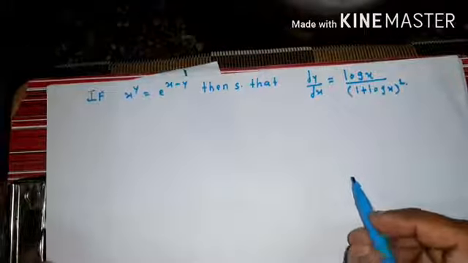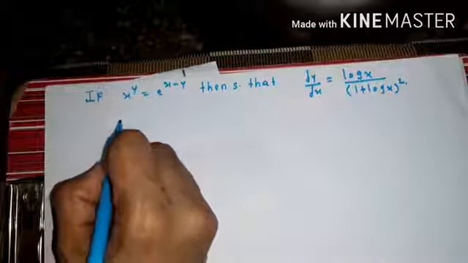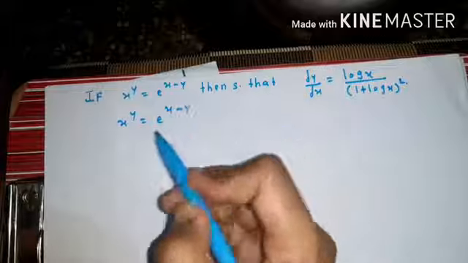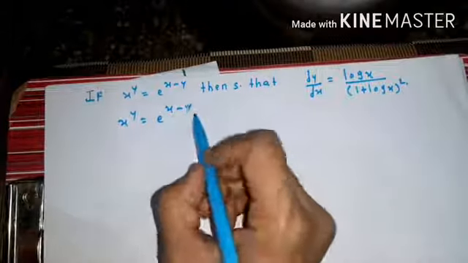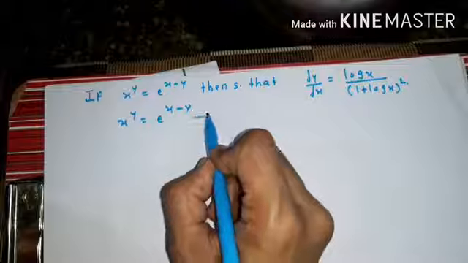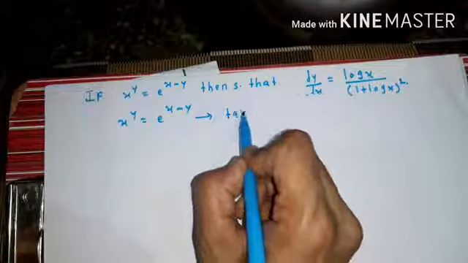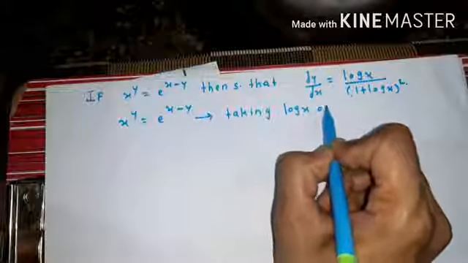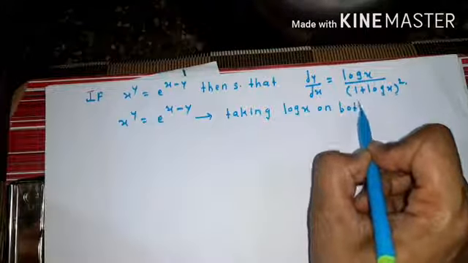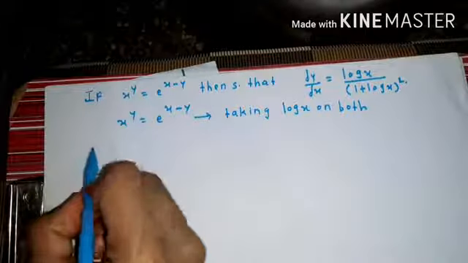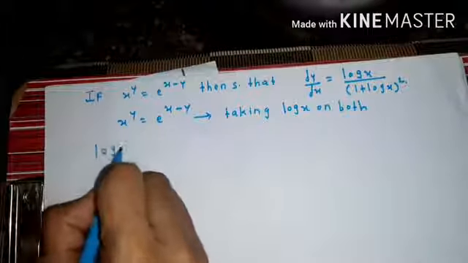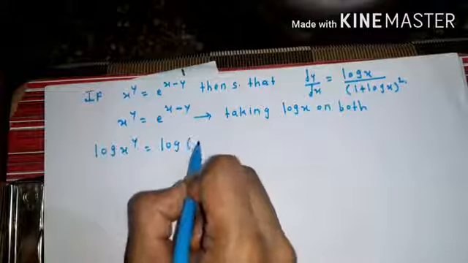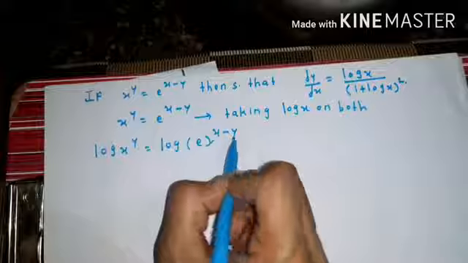Okay, so here the function is given, that is x raised to y equal to e raised to x minus y. The function is complicated. To simplify it, take logs on both sides. Log of x raised to y equal to log of e raised to x minus y.